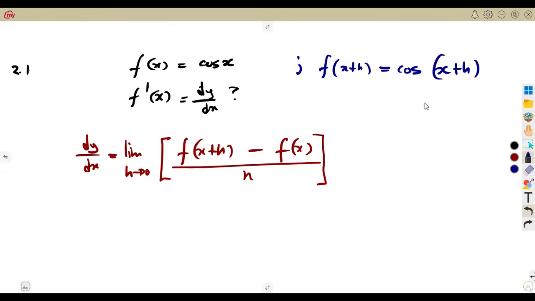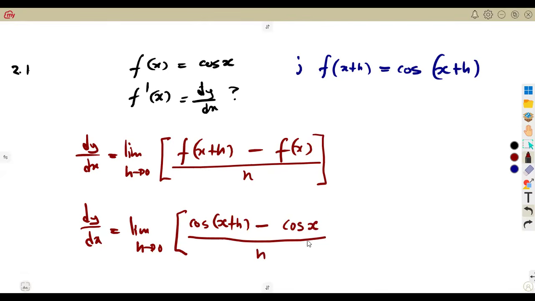In our formula, we are supposed to subtract f of x from this f of x plus h, which is cos of x plus h. And what is f of x? That is the cos of x.